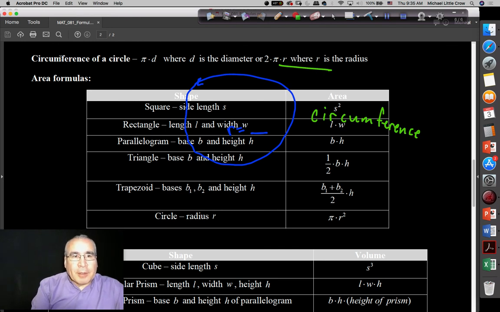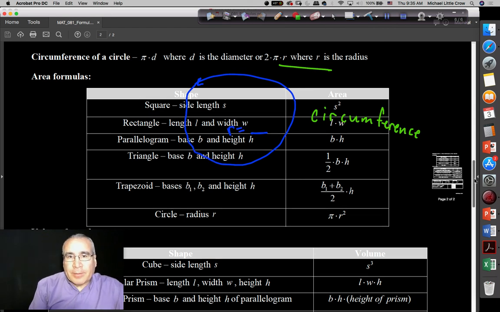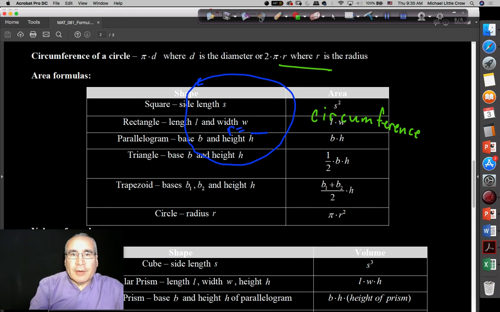But up at the top here, we've got circumference of a circle is pi times d, where d is the diameter, or 2 pi r, where r is the radius. So we're going to use this one, 2 pi r. While we're here, let's go ahead and write that down. 2 pi r. That's going to give us our circumference.